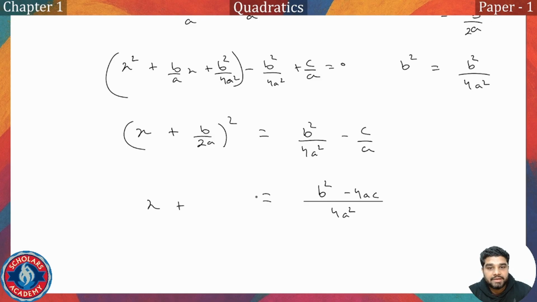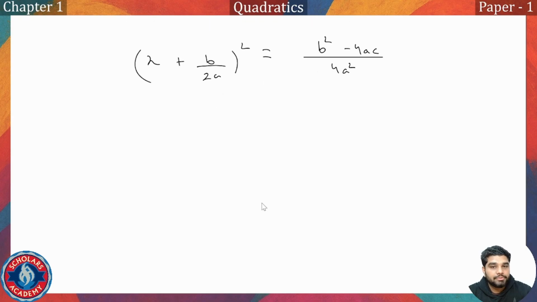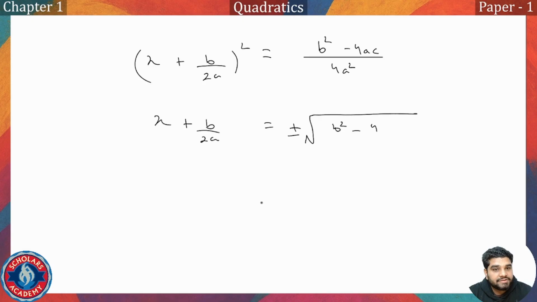This becomes (x + b/2a)² equal to that, right? Taking the square root on both sides, we get x + b/2a = ±√((b² − 4ac)/4a²).